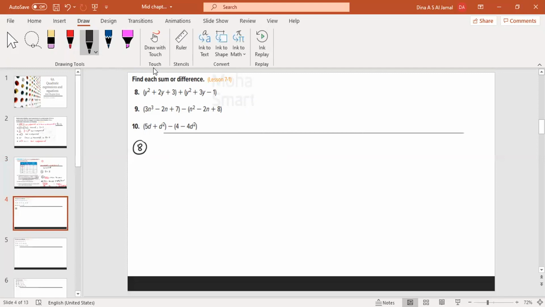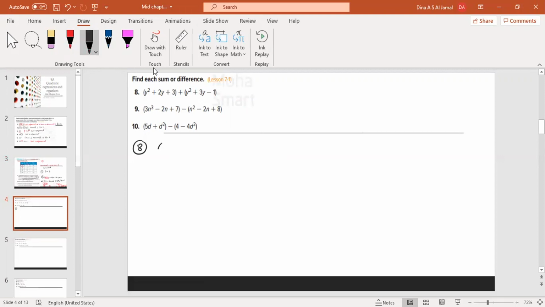Do whatever is easier for you, but I always prefer that when you do the vertical method, you should put it in the standard form. Pay attention to this and take it with its sign. So let's use the horizontal method.